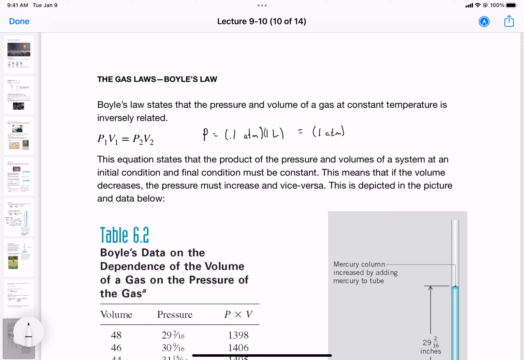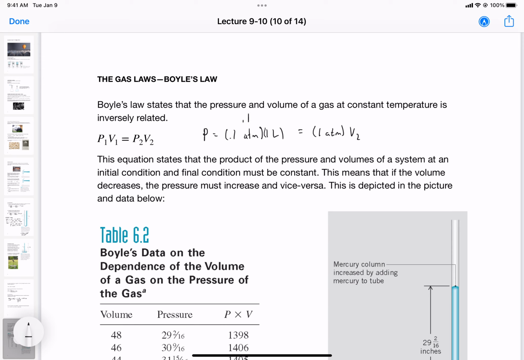For this equation to remain true on both sides, the volume will have to decrease, because the product of this side is 0.1.